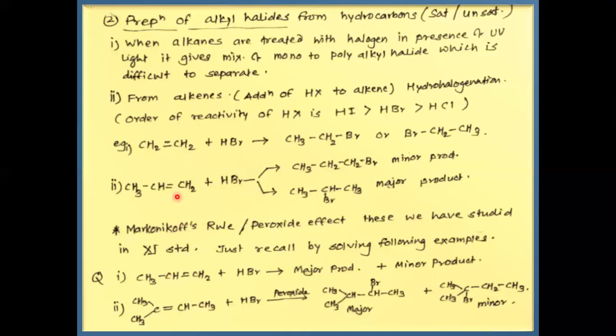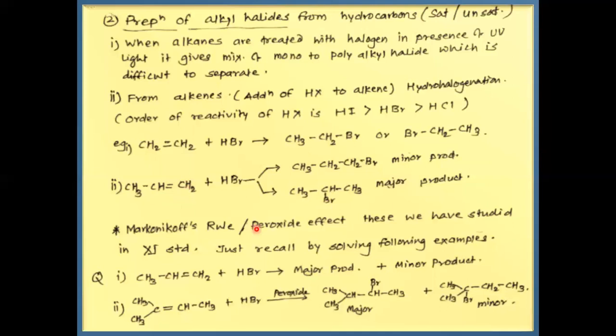When the alkene is unsymmetrical and the reagent is also unsymmetrical, with positive and negative parts, the negative part of the reagent goes to that carbon across the double bond of the alkene which has the least number of hydrogens, and hydrogen will go to that carbon carrying more hydrogens. So by Markovnikov's rule, the major product is formed.